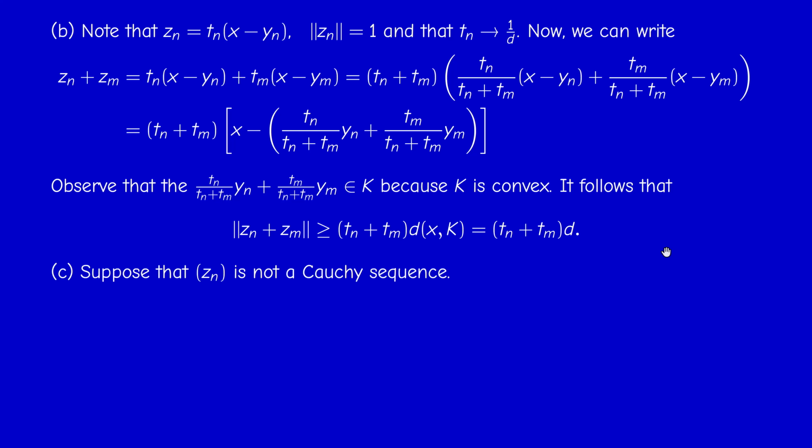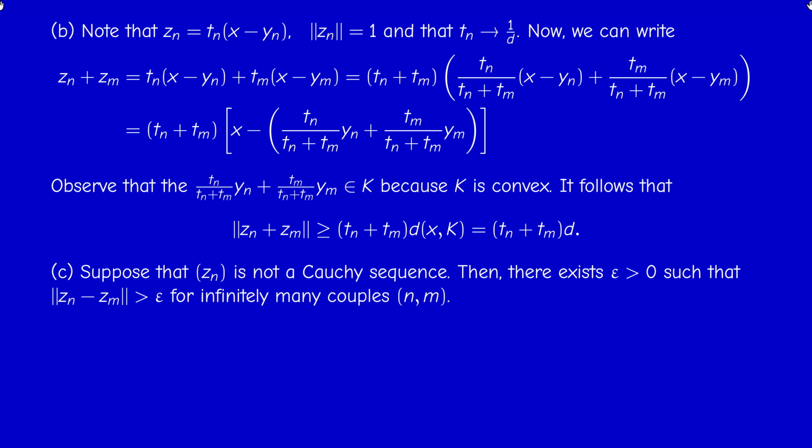Now, to prove that Zn is a Cauchy sequence, the easiest thing to do is to reason by contradiction. Suppose that Zn is not a Cauchy sequence. Then we go back to the definition in terms of quantifiers: there exists epsilon positive such that there are infinitely many couples N and M such that the norm of Zn minus Zm is bigger than epsilon.